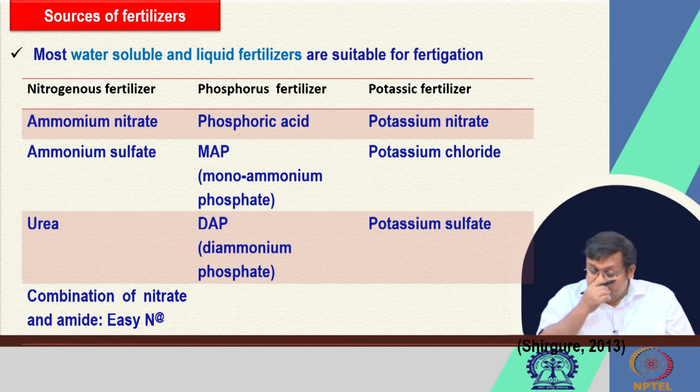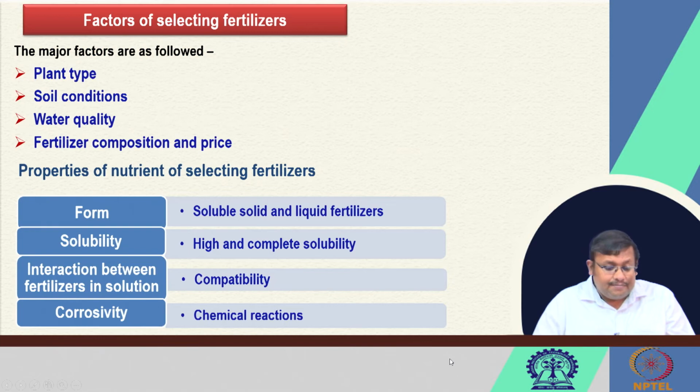The third most important primary nutrient is potassic fertilizer, and in case of potassic fertilizer, potassium nitrate, potassium chloride and potassium sulphate are water soluble and liquid fertilizers which are suitable for fertigation. So, these are different types of soluble fertilizers which we can apply for fertigation.